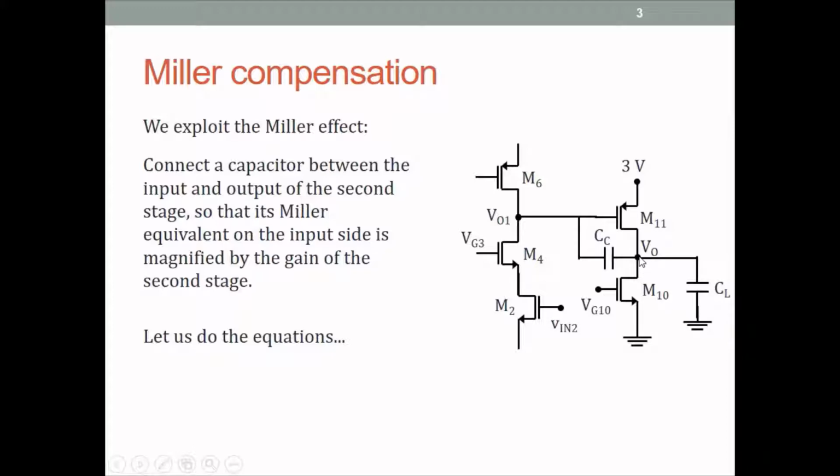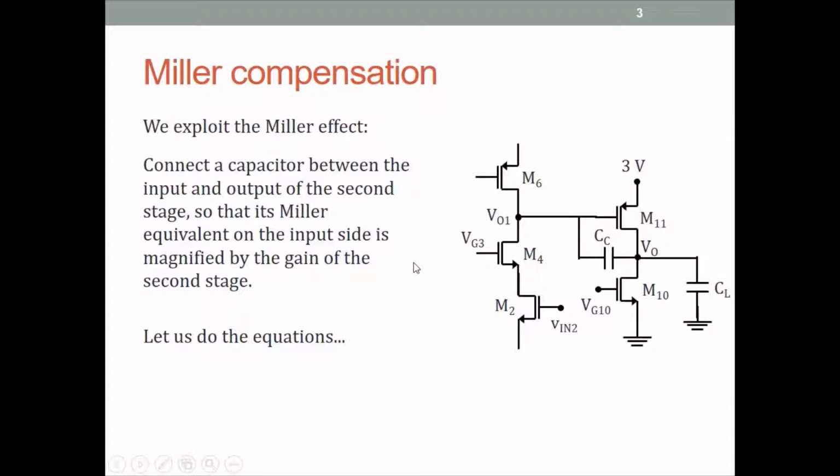The voltage gain could be as high as 100 or 200. So we get an effective capacitance between VO1 and ground which is 100 times larger than Cc. Or in other words, instead of a Cx, we need a capacitance that is only about 1/100th of Cx connected between the input and output of the second stage.